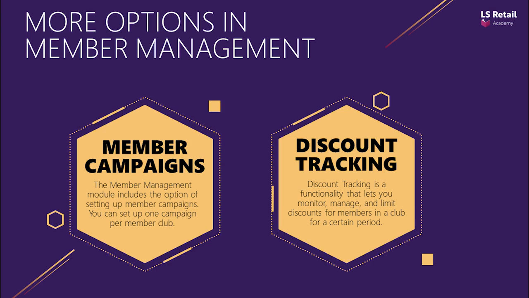Some years ago, when I was showing the solution for this sushi place, they had the requirement that they wanted to provide their staff one free meal a day. But they wanted to make sure that their staff would not get 10 free meals a day. So then we set up discount tracking and I showed them how it worked.